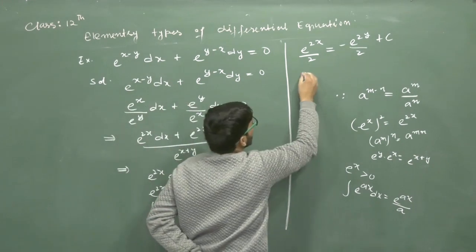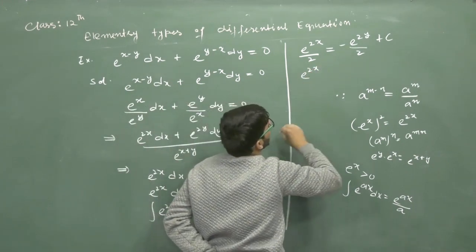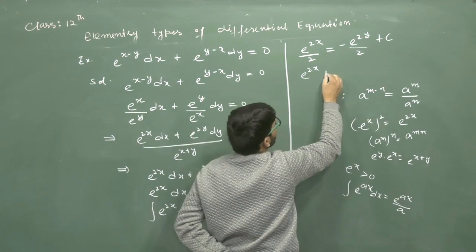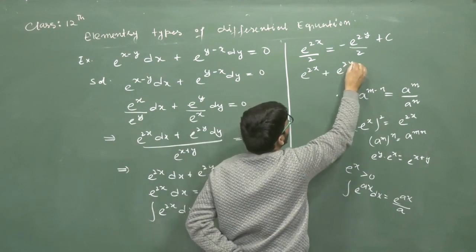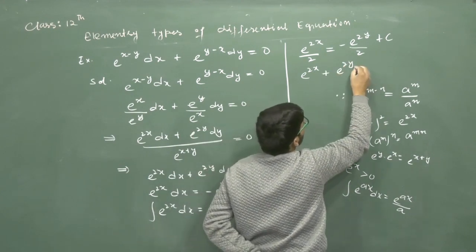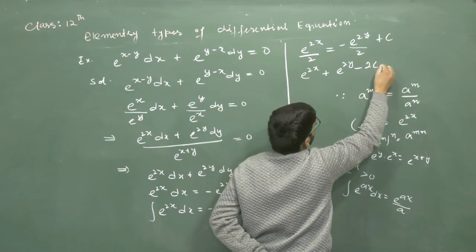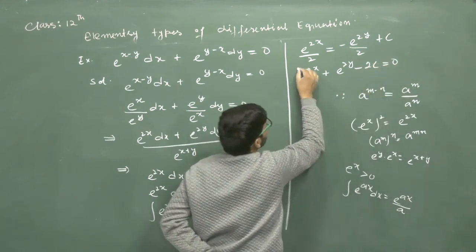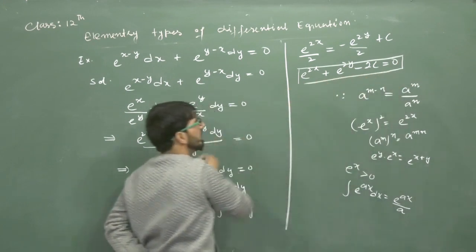So this is equal to e raised to power 2x plus e raised to power 2y minus 2c is equal to 0, which will be the solution for this required differential equation.